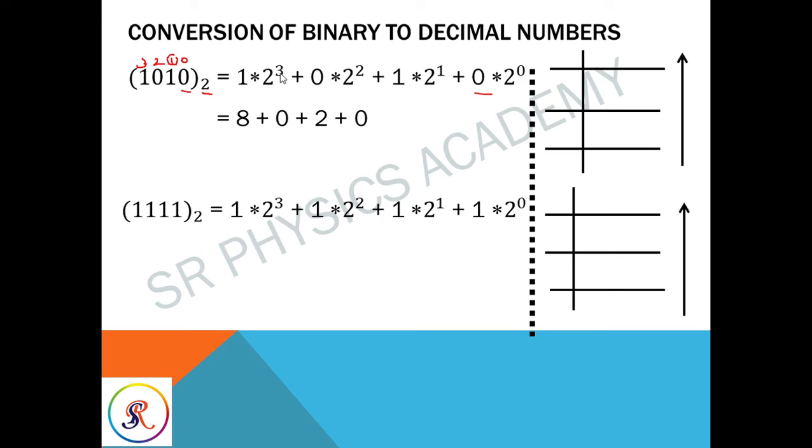So 1 into 2 power 3 is 8, plus 0, plus 1 into 2 power 1 equal to 2. 2 power 0 is 1, but multiplied by 0 we get 0, so no need to calculate. After that we get 8 plus 2 equal to 10.